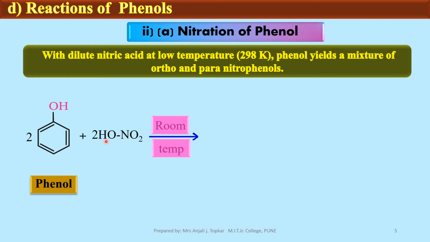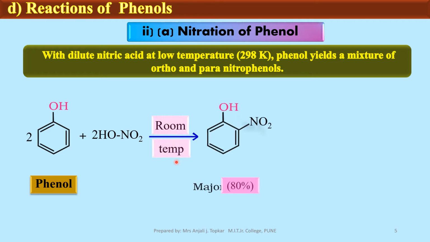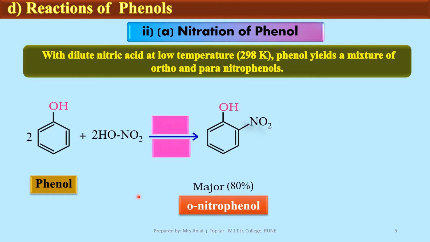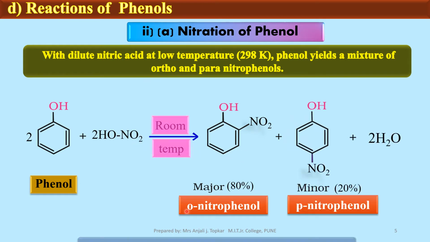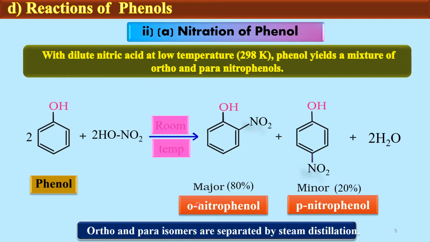The reaction is taking place at a room temperature, and let's see how the formation of product is taking place. First it forms orthonitrophenol and para-nitrophenol. Ortho and para isomers are separated by steam distillation.